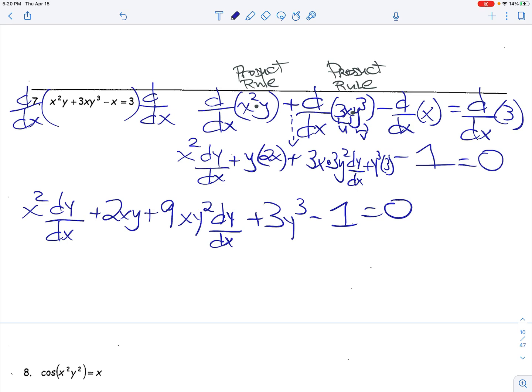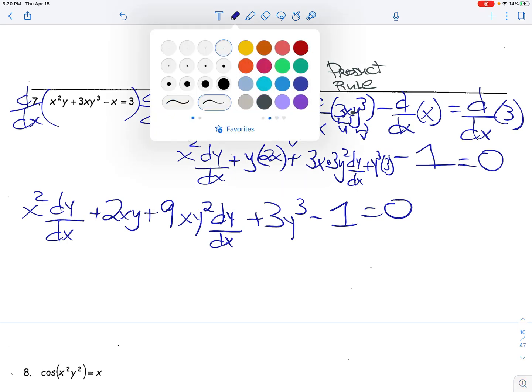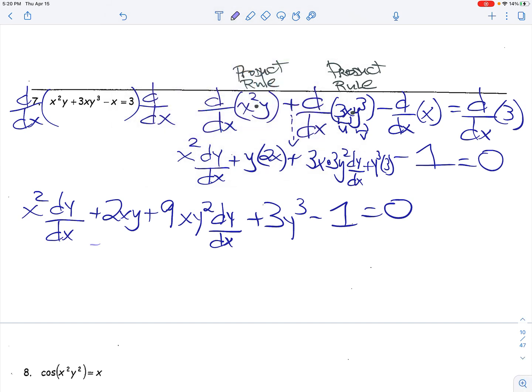All right. So non-dy/dx terms, I mean, you could technically move the dy/dx terms over to the other side if you want to. Just out of habit, I always move the non-dy/dx terms over to the other side.